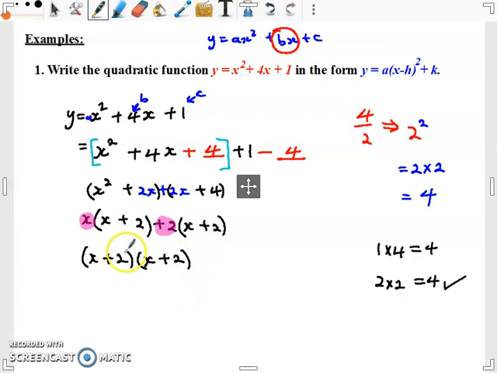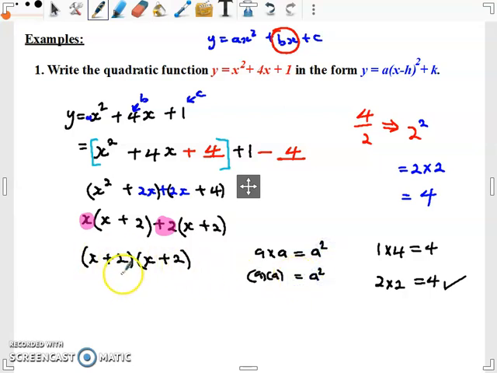Remember that this is just for this first example. And if you can recall, these two brackets are being multiplied together. If we have a times a, this can also be written as a squared.